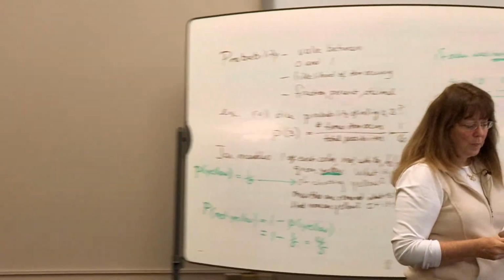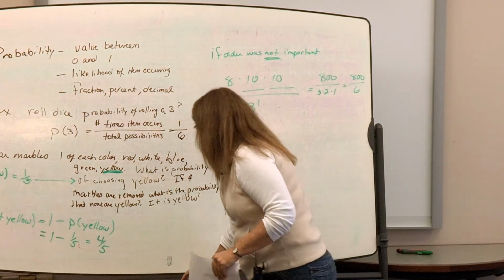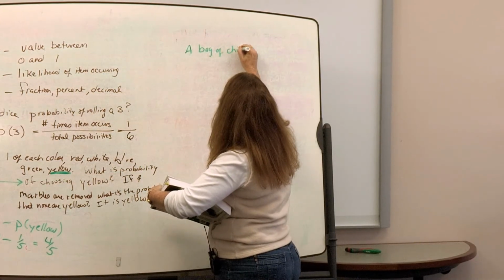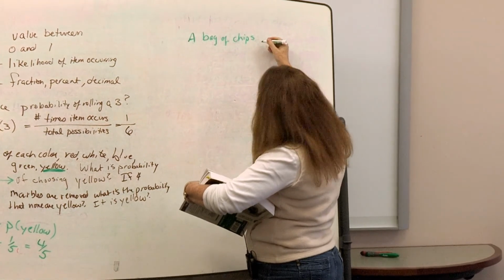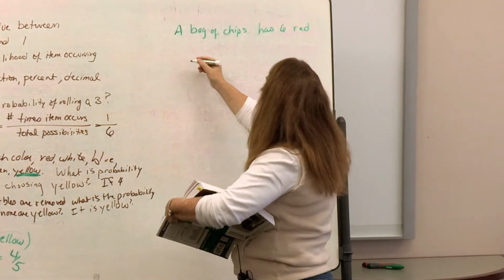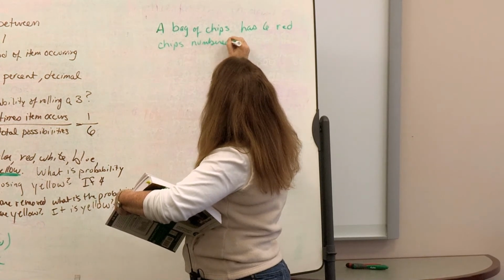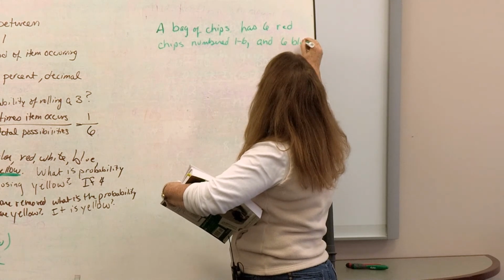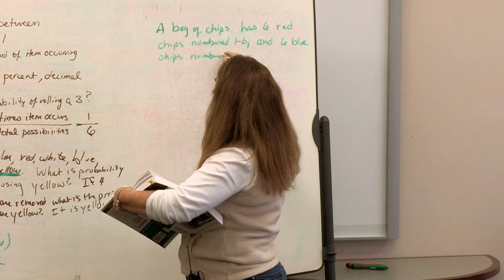Let me give you one last problem, working with some of these. And we'll do some more of the probability when we go to class. We've got a bag that's containing chips. It has 6 red chips that are numbered 1 to 6. And it has 6 blue chips that are also going to be numbered 1 to 6.